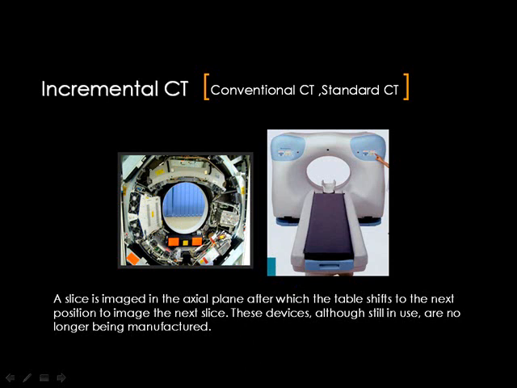Then the tube has to rotate half cycle and go back to parking, then rotate the other half cycle and go back to parking. This means that in order to have a single section in the chest or in any part of the body, the tube and the detector have to move 4 times. And at that time, the CT scan of the chest was performed in a full hour, in 60 minutes.